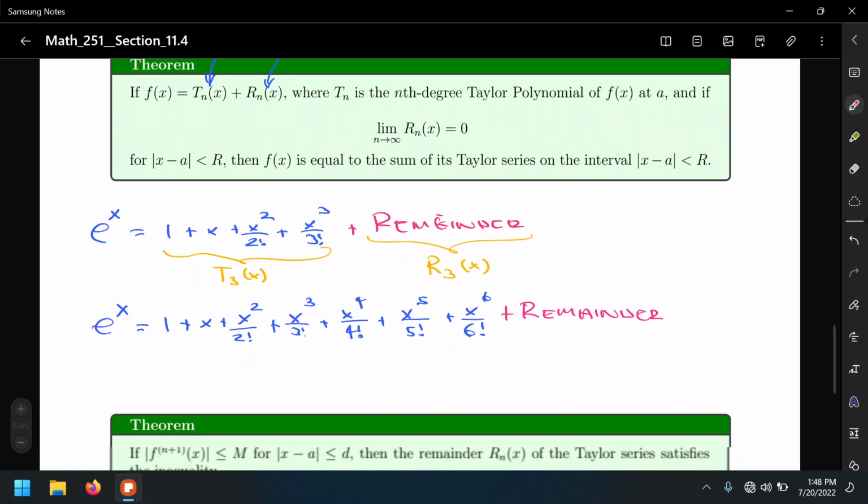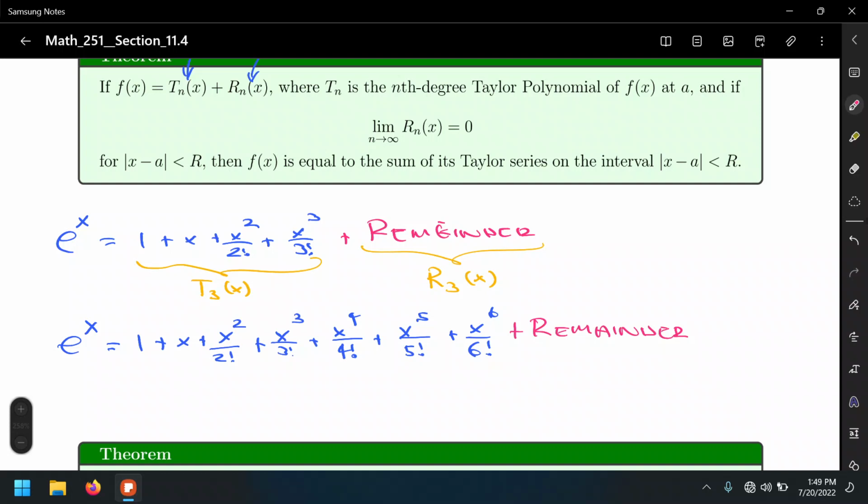In this case, we are using T6, the Taylor expansion of 6th degree, and we're going to have the remainder of using the 6th degree expansion. That'll be terms of 7th degree and on, right? Of course, depending on how many terms we use, we're going to have a better approximation.